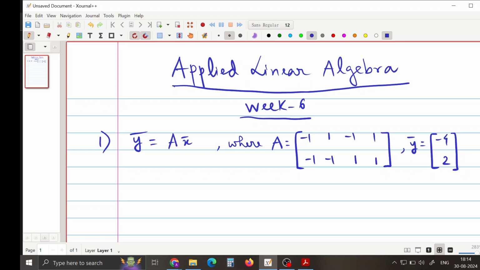Okay, so what is the dimension of the vector x? What should be the size of x here?